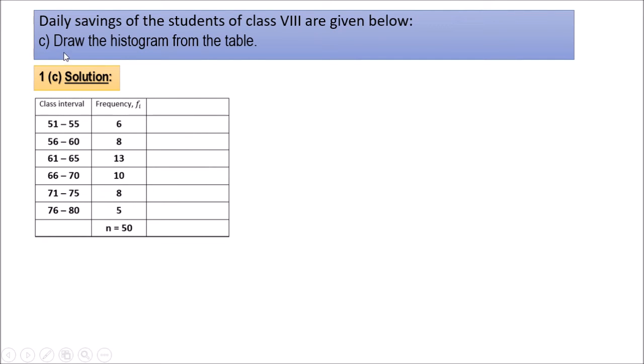So for drawing a histogram, you need to draw a table again, and there will be a discrete class interval. Another name for discrete is continuous. So continuous class interval, in class 7 you also get it. Here, how we will find out: look at 51.